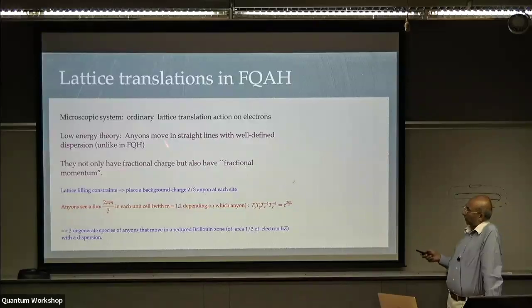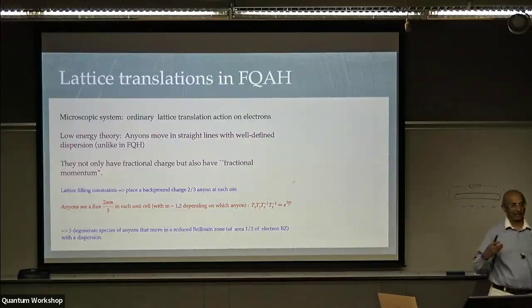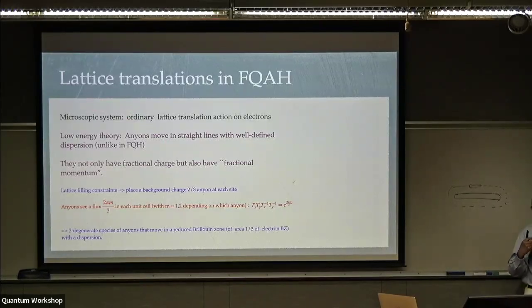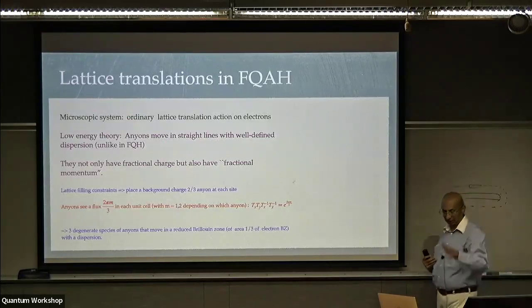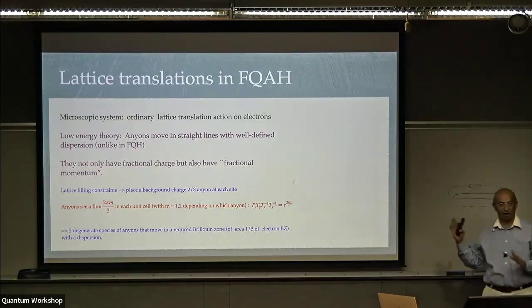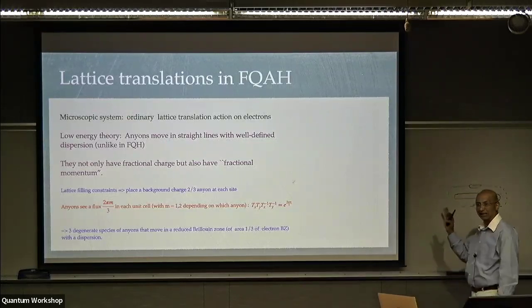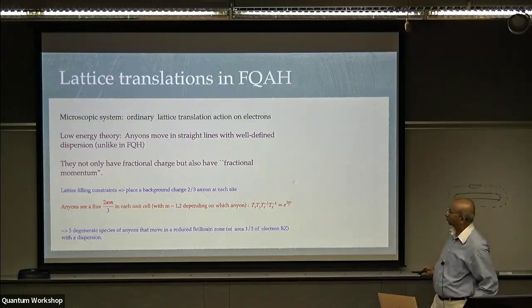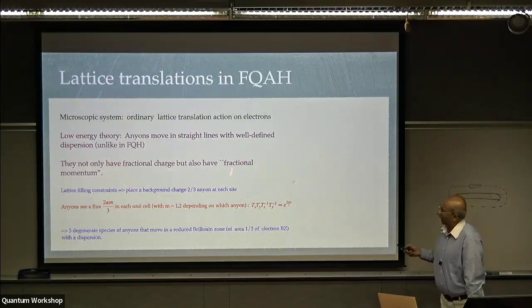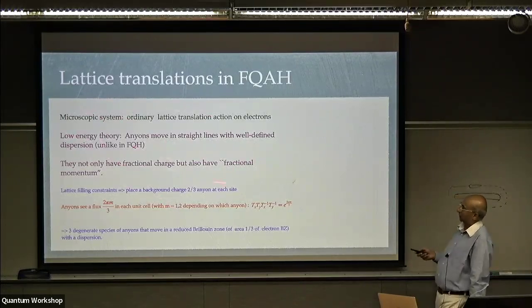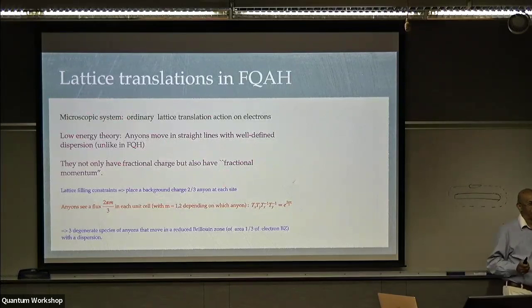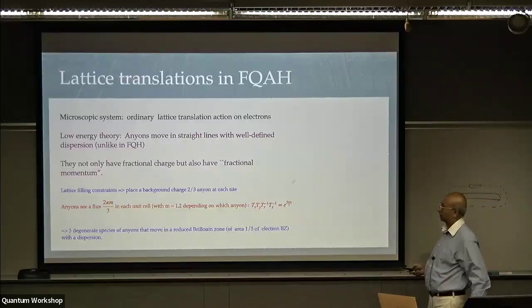So in the low energy theory, I can still label excited states using their symmetry properties under lattice translation, right? So in the language that Seth was using, one should regard this as a symmetry enriched topological order that's enriched both by U(1) and by lattice translations. So the punchline is that the anyons at long distances move in straight lines with a well-defined dispersion. They have well-defined crystal momentum. So they have a well-defined dispersion. And so the anyons have a kinetic energy.